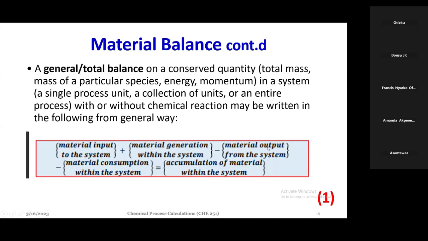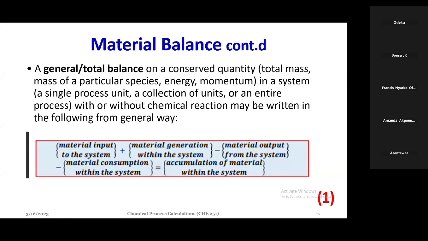Then it means that in the system I have 25 minus 10 kg, giving me 15 kg, right? And within that system, out of the 20 kg of material A that I placed in the system, 8 kg was consumed and produced the product B.